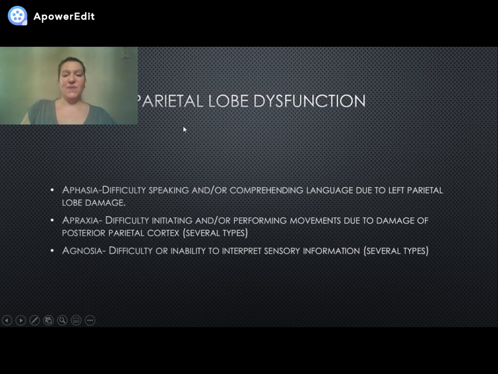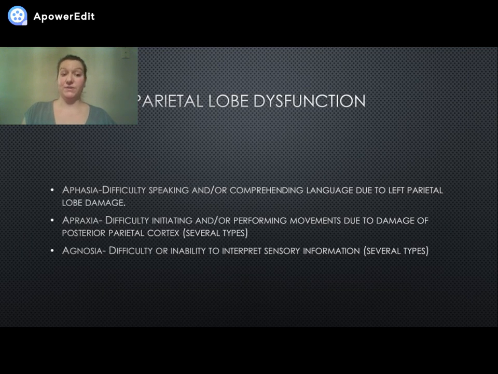And then some areas of parietal lobe dysfunction, and there are many. You've got aphasia, which is difficulty speaking and or comprehending language due to left parietal lobe damage. You've got apraxia, which is difficulty initiating or performing movements due to the damage of the posterior parietal cortex.